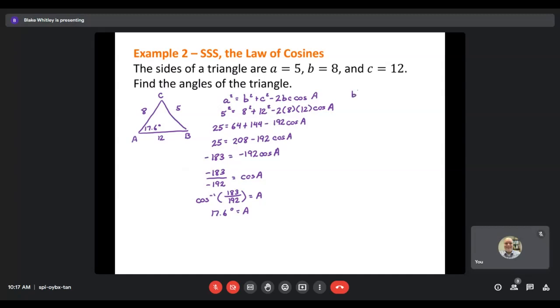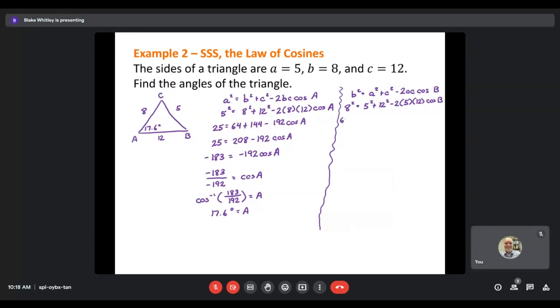So we'll say that B squared is equal to A squared plus C squared minus 2AC times the cosine of angle B. Again, we're substituting all the information we know. So this is going to be 8 squared equals 5 squared plus 12 squared minus 2 times 5 times 12 cosine of B. And again, I'm going to simplify what we've got here.